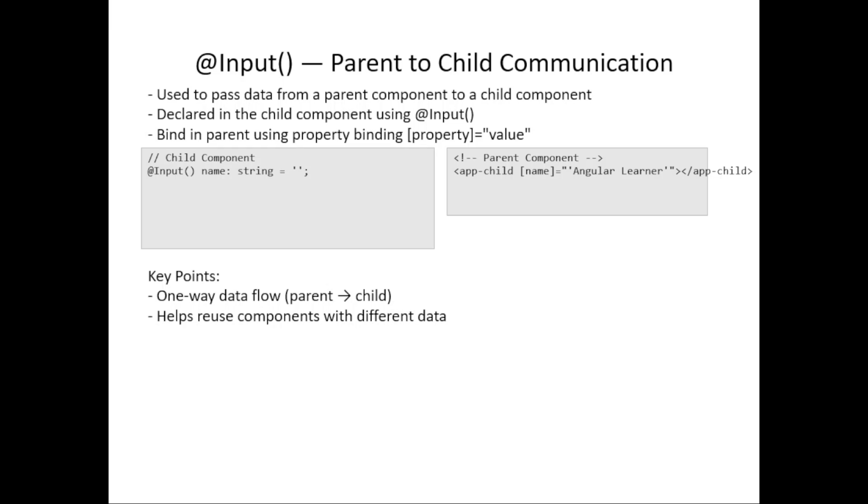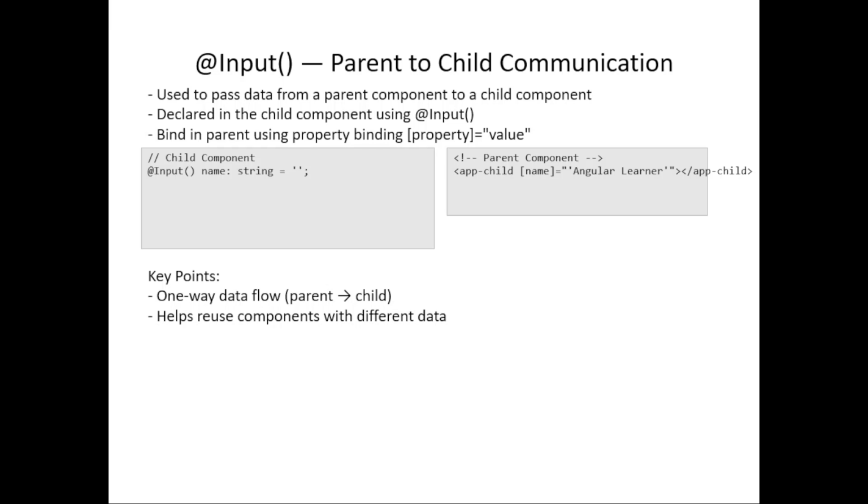To pass the data from parent component to child component, in the parent component HTML we have to use property binding: in the square brackets we put a property, and we assign it the value we need to send from parent to child.